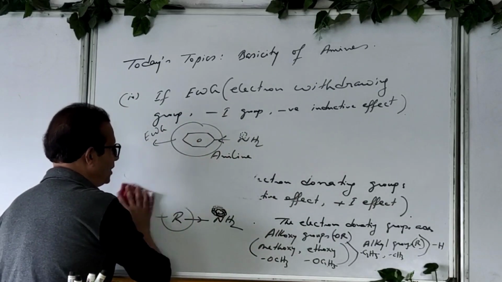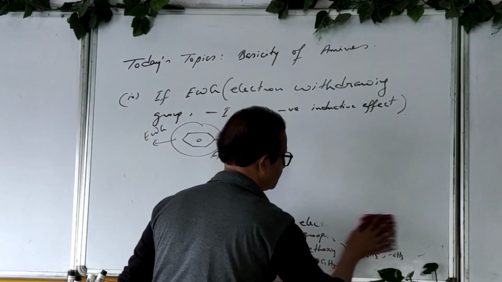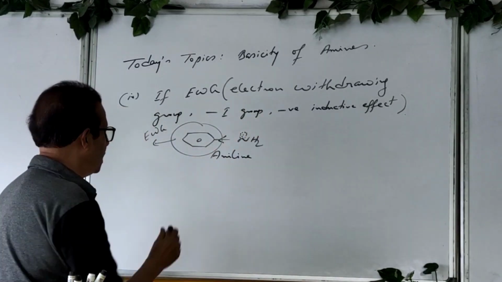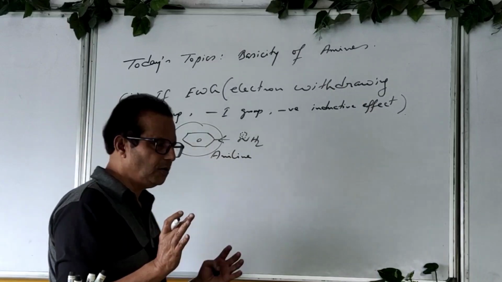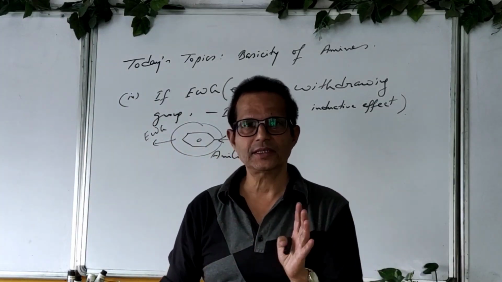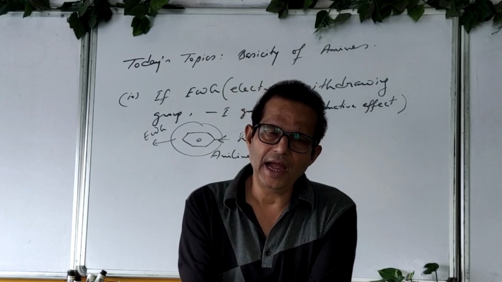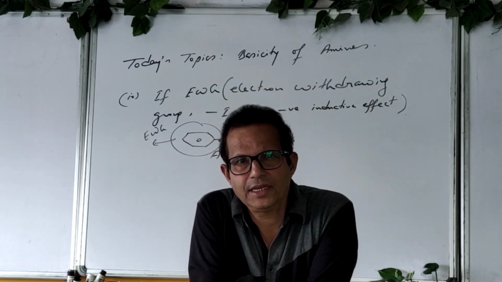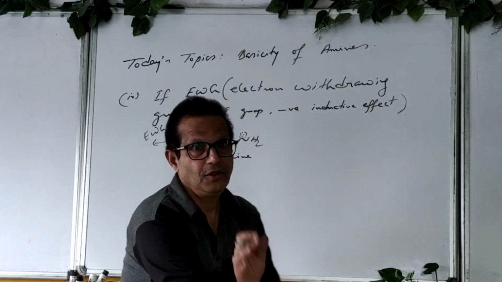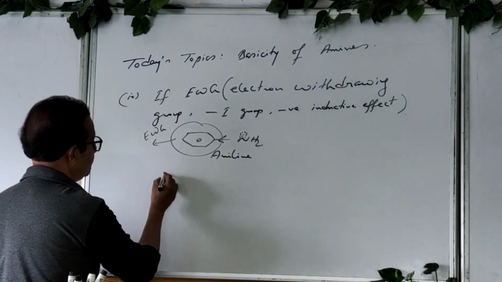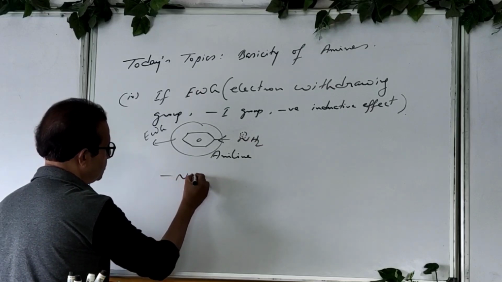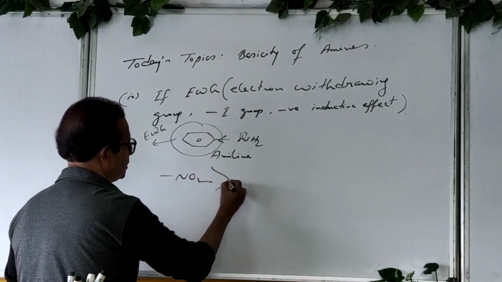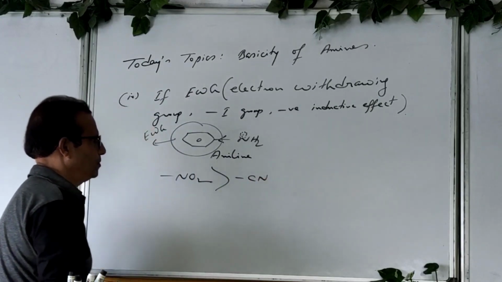What are the examples of electron withdrawing groups or minus I groups? Now listen, I am discussing only those groups or atoms which are necessary in this chapter, not others. The nitro group has stronger electron withdrawing power than the cyano group.